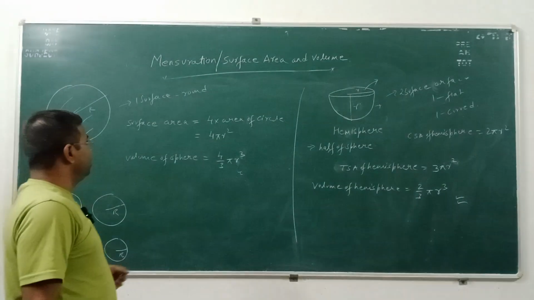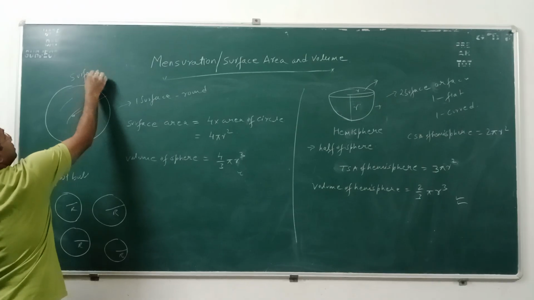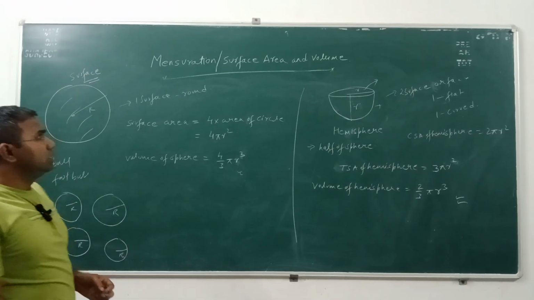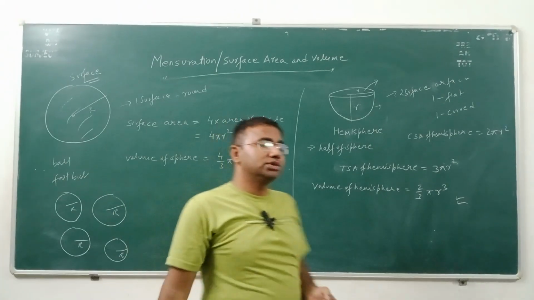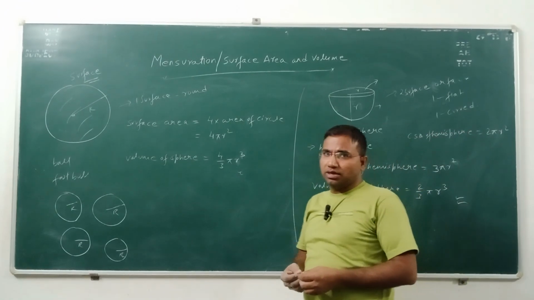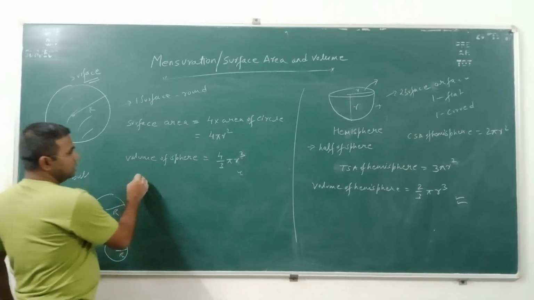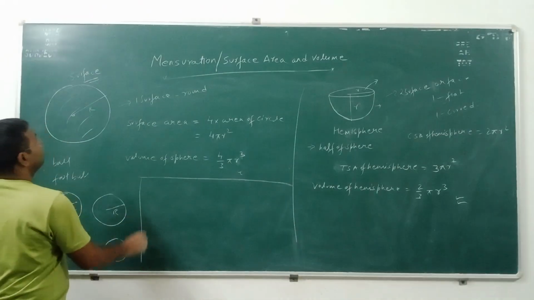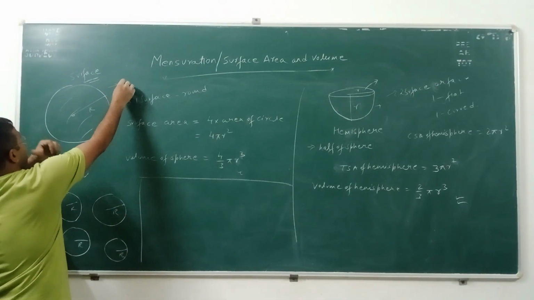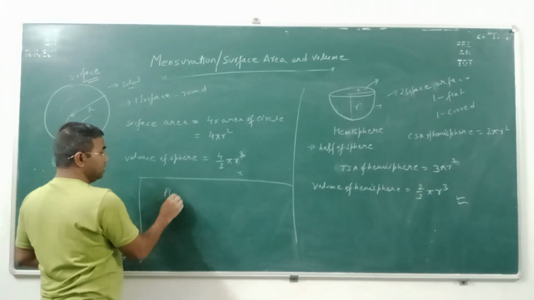Okay. So I hope you have understood all the formulas related to perimeter, area, volume, surface area. I hope you have understood all the figures also. One thing I would like to tell you: one is solid figure and one is plane figure.